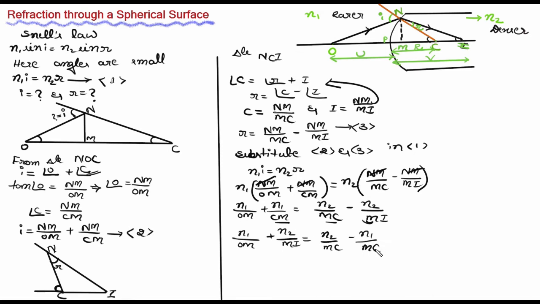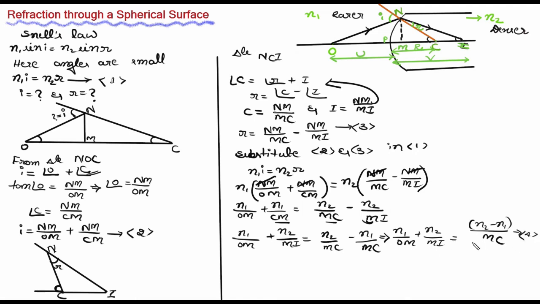CM can also be written as MC, no major difference. Now it can be written as N1 by OM plus N2 by MI is equal to, since MC is common, N2 minus N1 divided by MC. Okay, this is equation number 4.